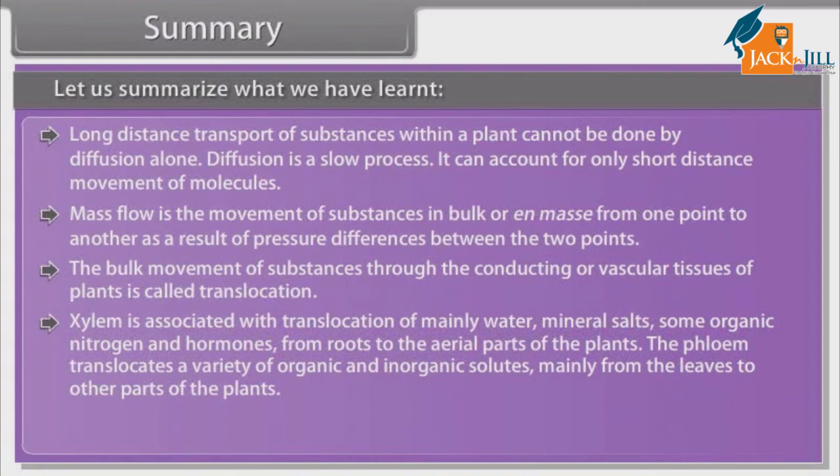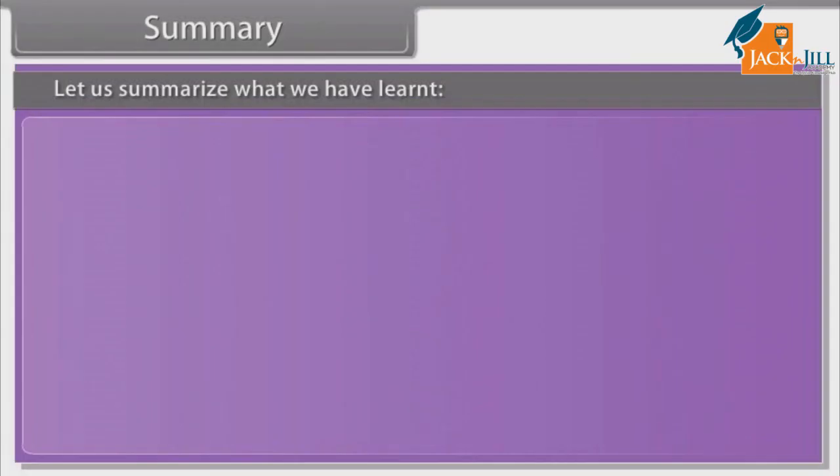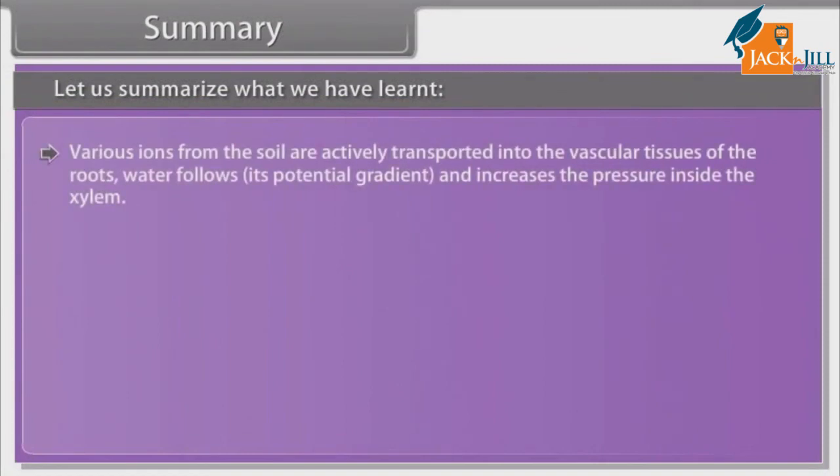Once water is absorbed by the root hairs, it can move deeper into root layers by 2 distinct pathways, apoplast pathway and symplast pathway. Various ions from the soil are actively transported into the vascular tissues of the roots.